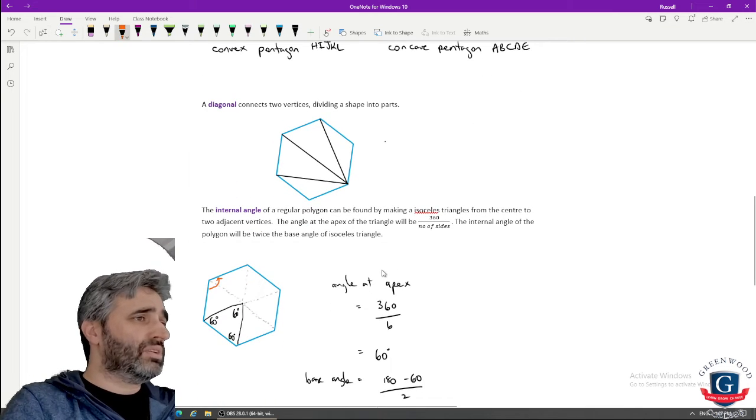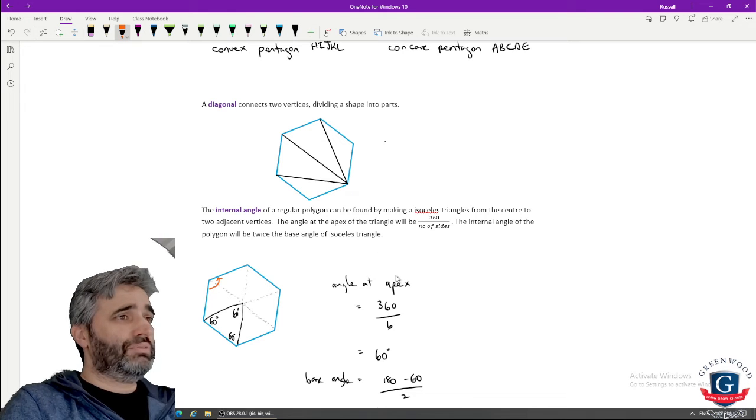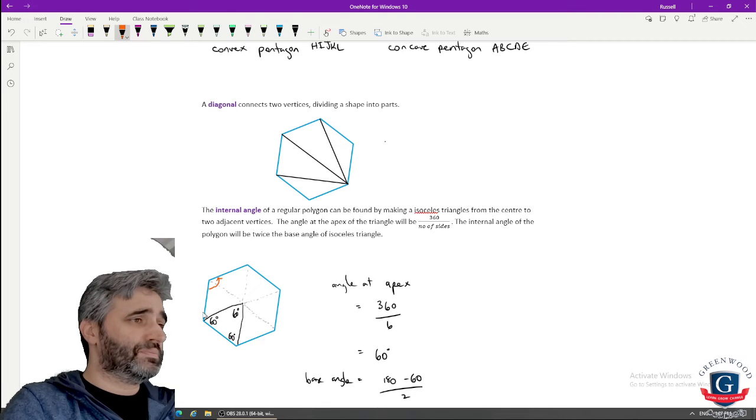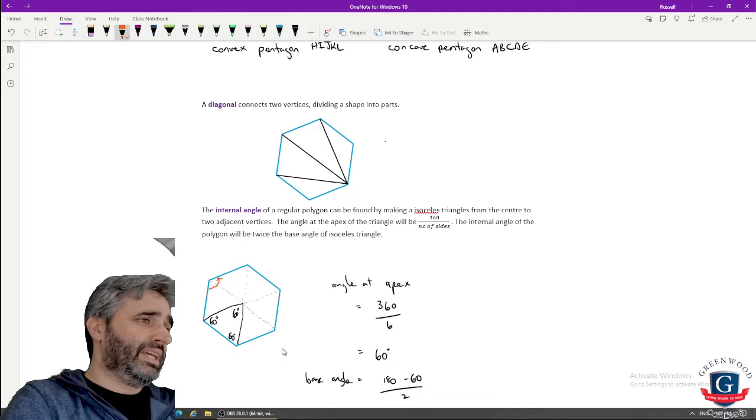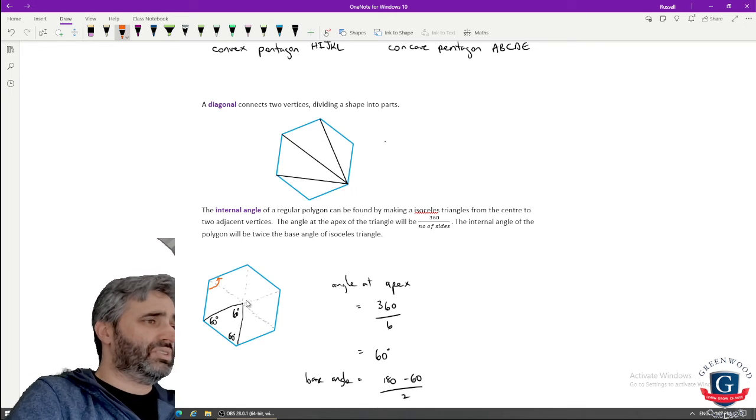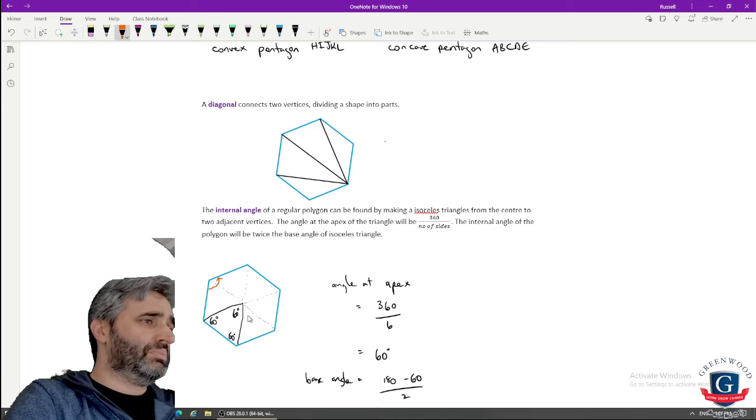The internal angle of a regular polygon can be found by making isosceles triangles. So if we had a hexagon, which we have here, and I divided it into 6 even triangles because it's a regular hexagon, this angle here in the middle would be 360 divided by 6, which is 60 degrees.